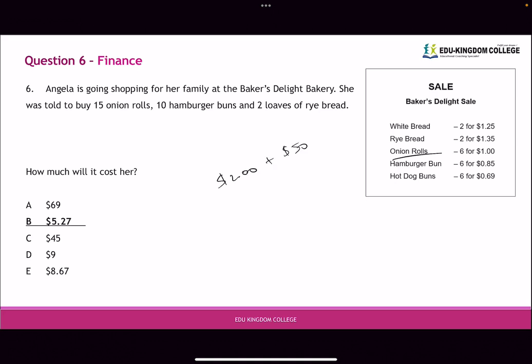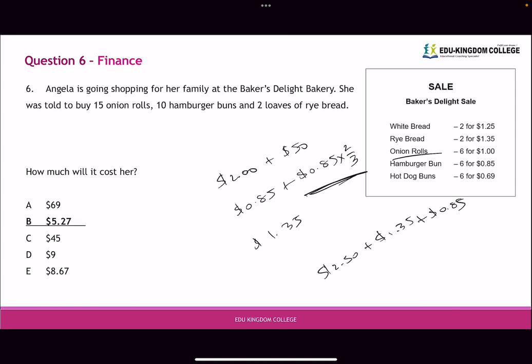So that's your onion rolls. 10 hamburger buns, so you can buy 6 for 0.85, and then plus 4 left over, so 0.85 times 2/3, and then 2 loaves of rye bread, so that's plus 135. Okay, so that's $2.50 plus 135 plus 85 cents for now, and then we'll add this on later because we need to calculate it.